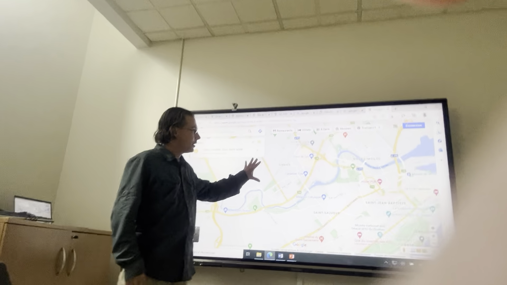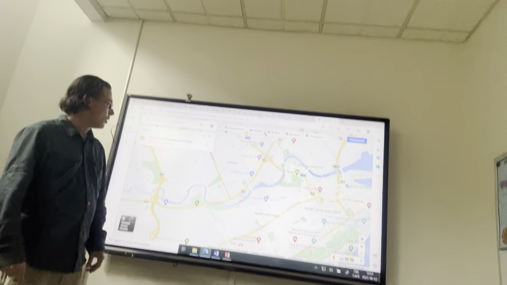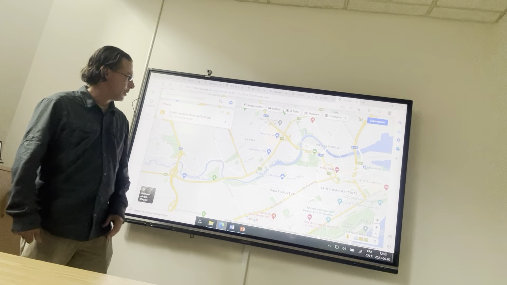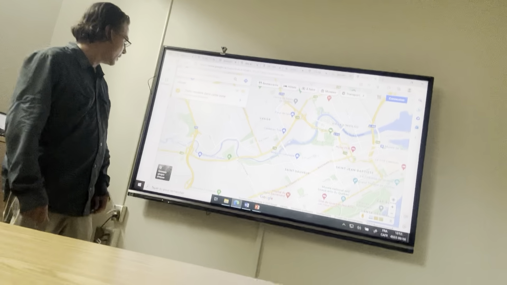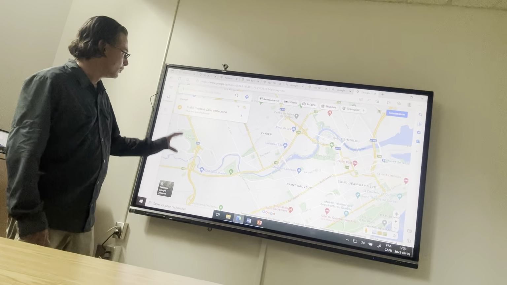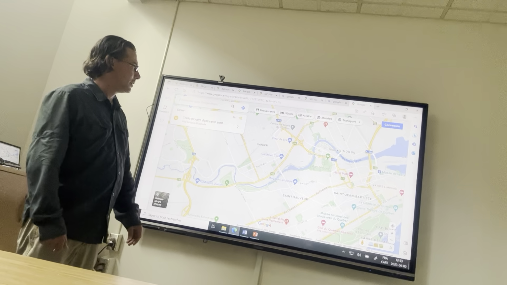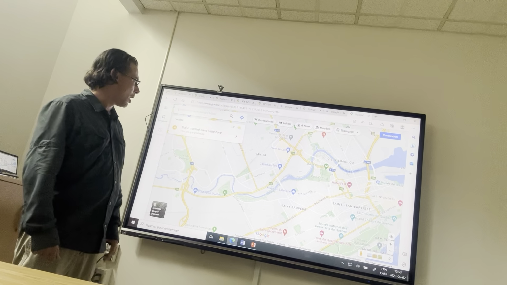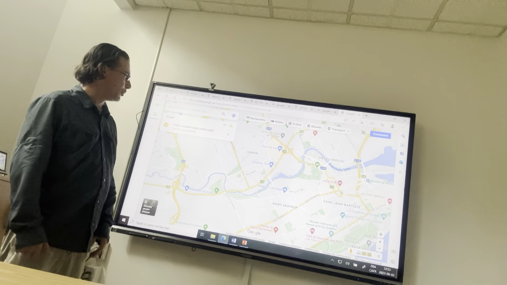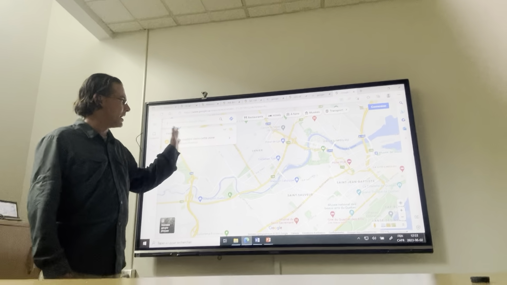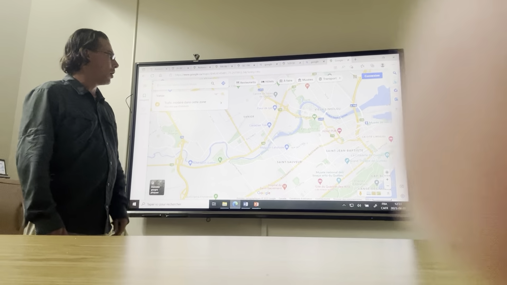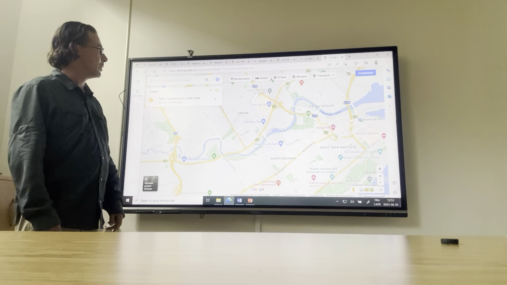For the first part here on the screen, what you see is a plan of our area in Quebec City. What we use it for is to understand the environment, how all the streets are built, and the logic between the highways and the main streets in our environment.